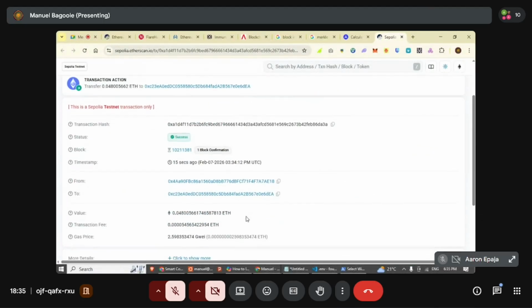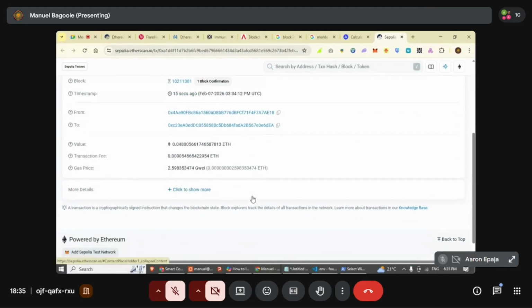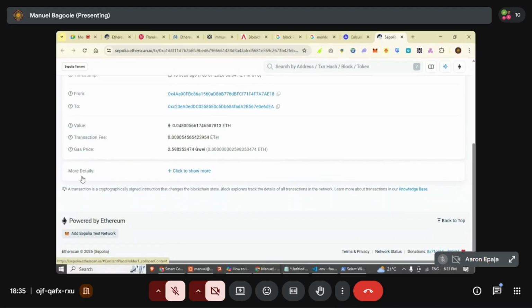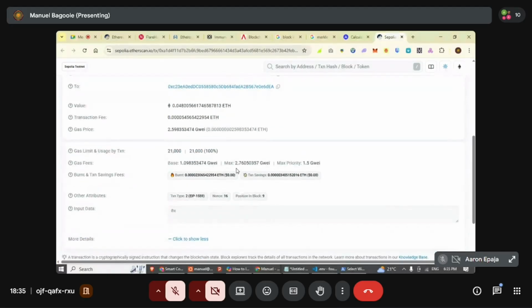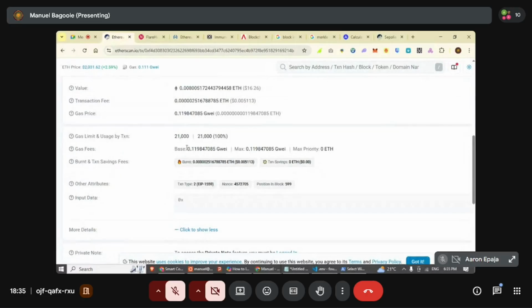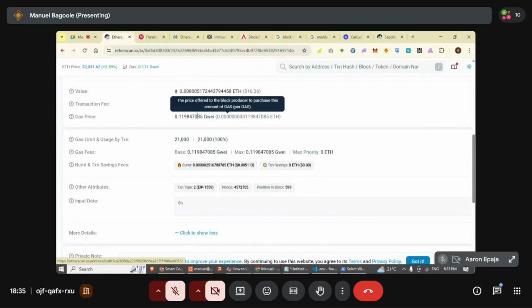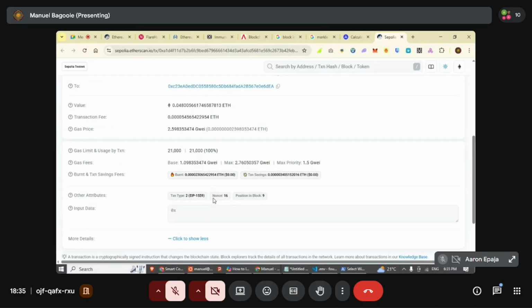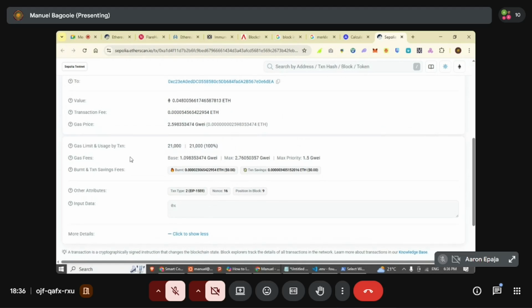So this is on Sequoia, and you can see the gas price here. It's, I think, higher. Yeah, the gas price is much higher on Sequoia. The gas fee is that, and this being the gas price, that means each unit of these 21,000 gas units is worth this price for you to run transactions.